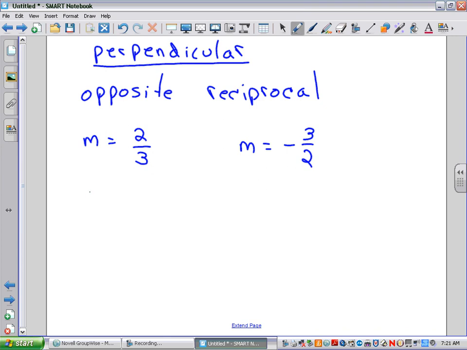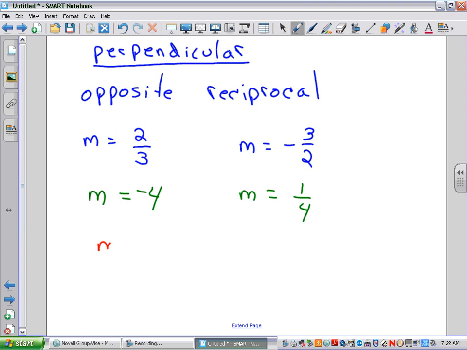Let's do another one. If one given line were 4, let's make that -4. If one line is -4, the perpendicular would be opposite, which means make it positive. And what's the reciprocal of 4? That would be 1/4. So the slopes -4 and 1/4 would be perpendicular.